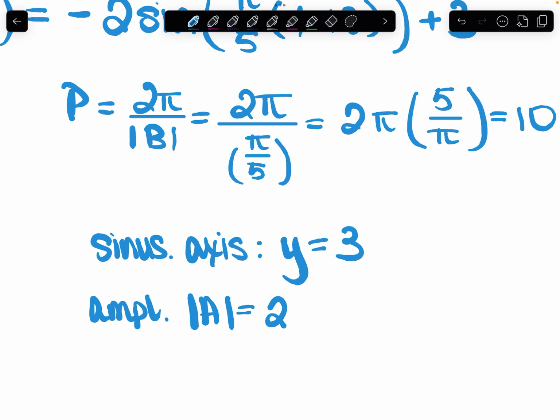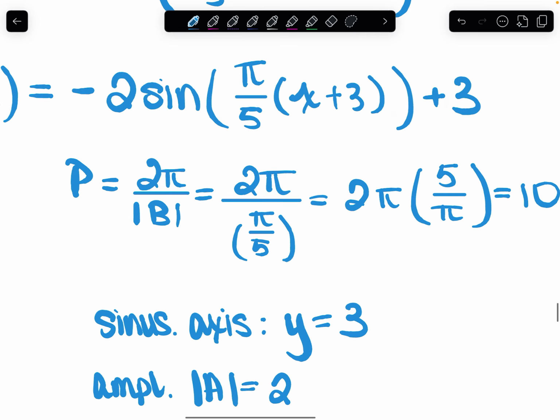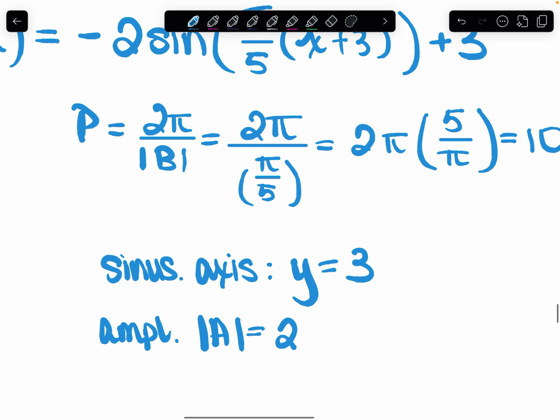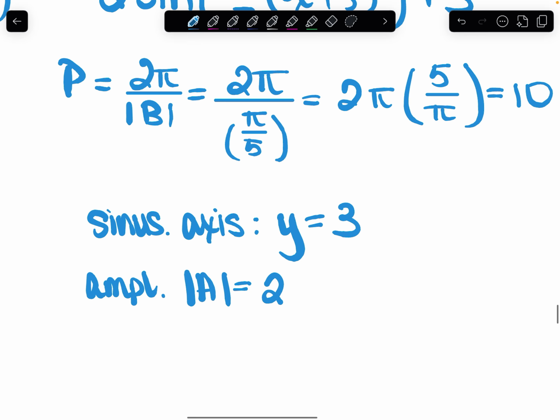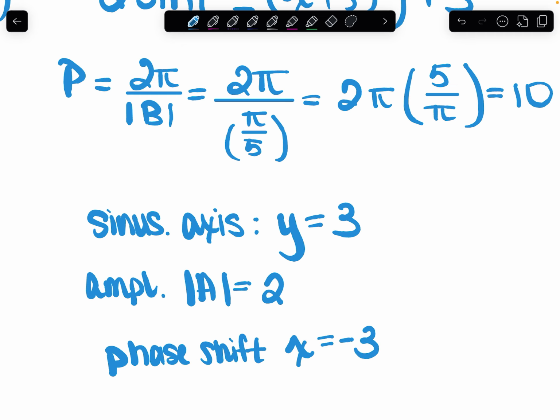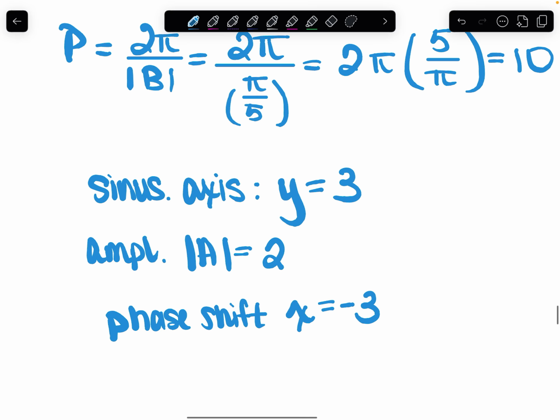So up 2 from 3 puts a max at 5, down 2 from 3 puts a minimum at 1. We need our phase shift. We went left 3: minus go right, plus go left. So that's going to be that starting critical value.